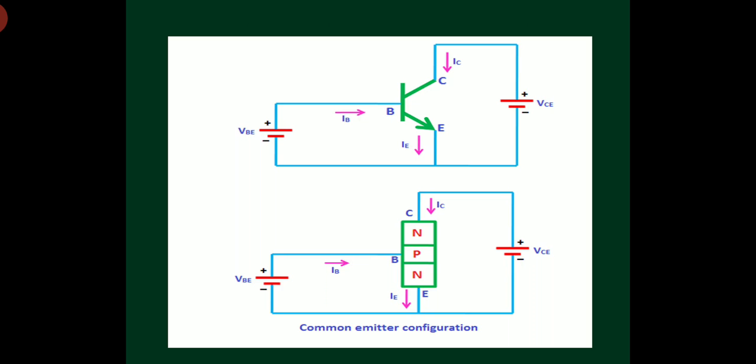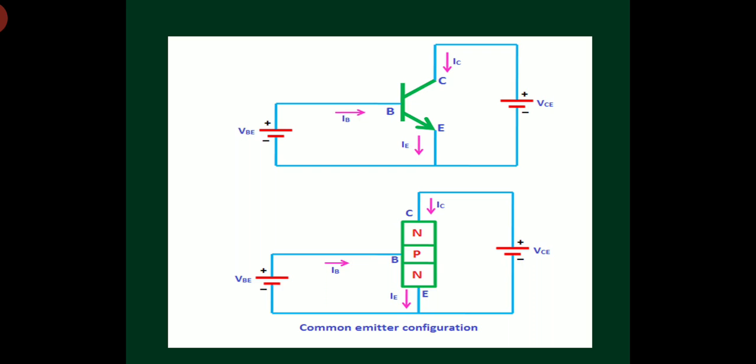If we sandwich p-type semiconductor between two n-type semiconductors, it is called an NPN transistor. If I sandwich n-type semiconductor material between two p-type semiconductors, it forms a PNP transistor.